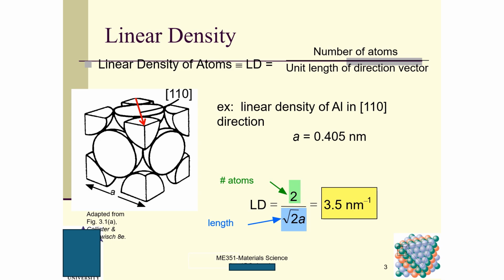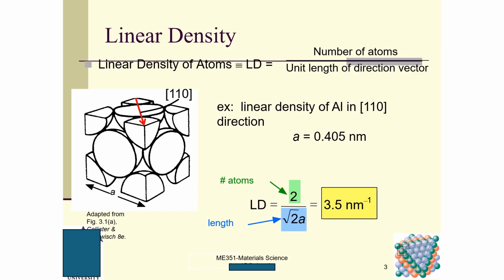Based on this definition, how can we calculate this linear density? First, we calculate the number of atoms along this direction, within this cube, right? Because it is a periodic, repetitive pattern, and outside the cube there is another cube.